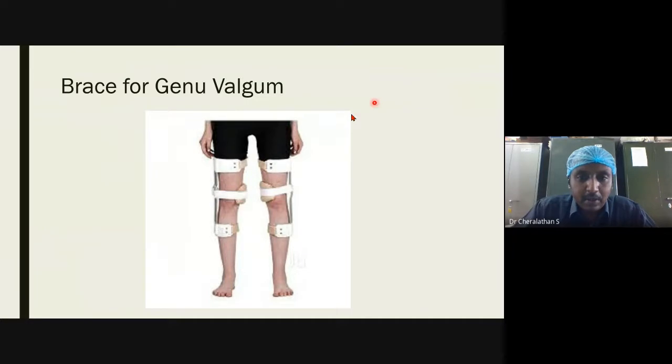You have a metal bar here, which is rigid, and this elastic strap with a cushion is pulling the knee outward. Are you able to understand the mechanism here? The knees which have come closer together because of the valgus deformity are being pulled apart by the elastic strap to correct the valgus deformity. But we don't know for sure whether this will work.